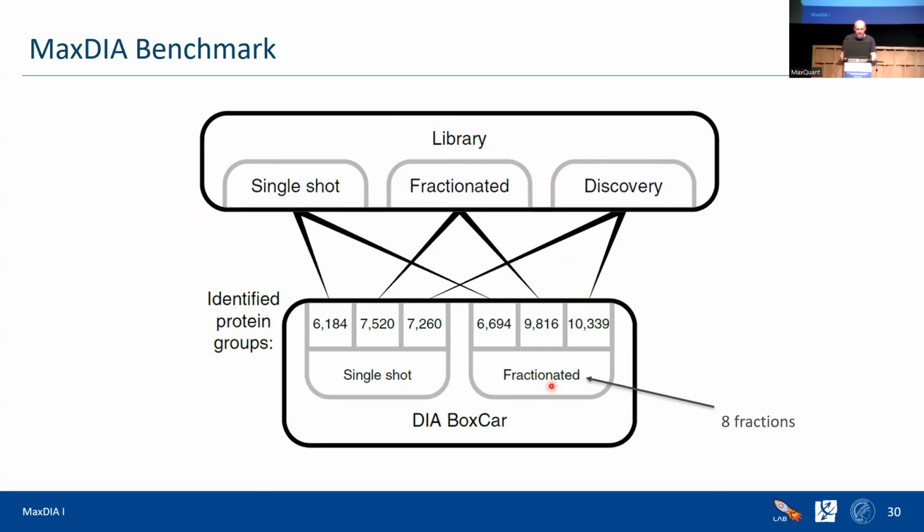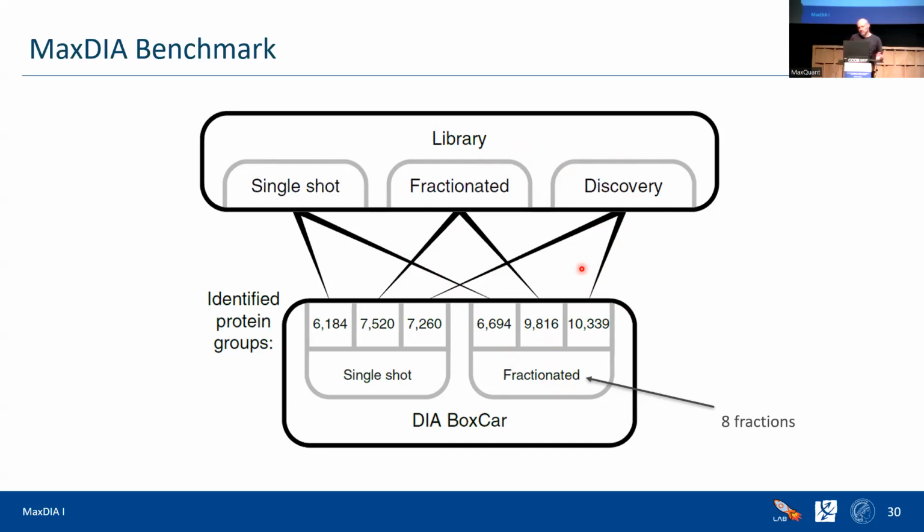If you now look at the fractionated DIA samples, you see that you gain a lot, of course, from going from the single shot to the fractionated library in terms of protein groups, but you're still gaining when you use the discovery library instead of the deep fractionated measured library. So again, that's arguing that we don't need to measure libraries necessarily anymore, at least for this kind of data, for Orbitrap data.